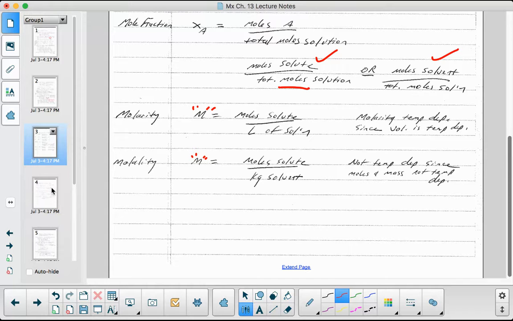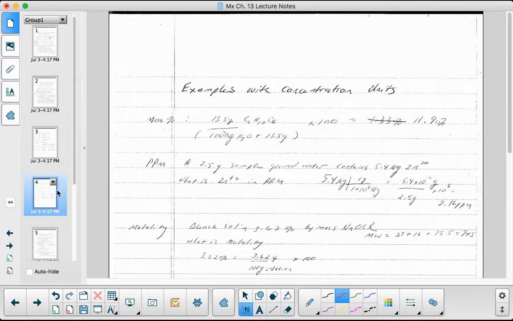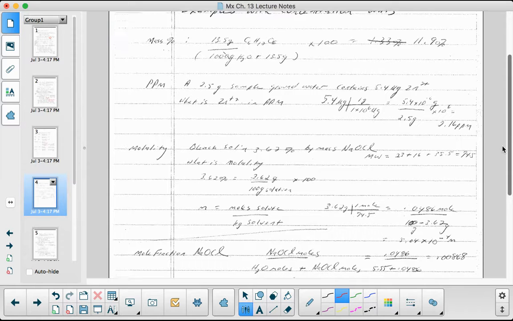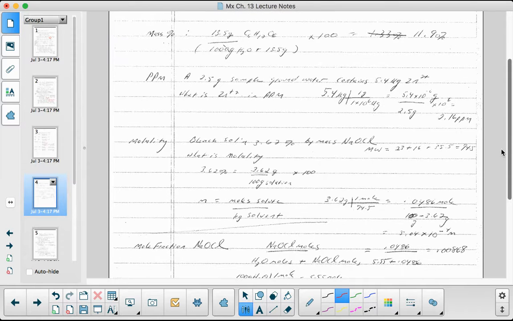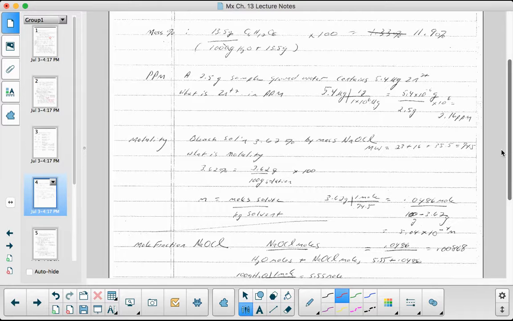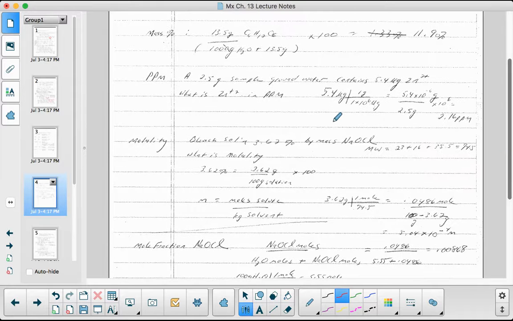Okay, so those are your main equations. That'll be a handy equation sheet for you to use while performing the calculations in the problem set, and you will also want to reference it when you're taking your Chapter 13 quiz. I did a couple of examples here, one for mass percent and one for parts per million. I did one for how to calculate the molarity from a percent value.